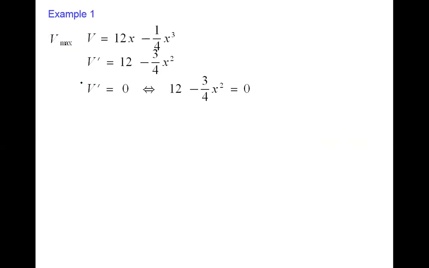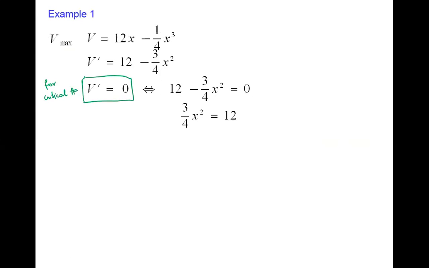And now we have to solve this equation for the critical points. For critical numbers, the whole formula must be 0. I can solve it for x squared, because it's not an inequality, it's an equation.